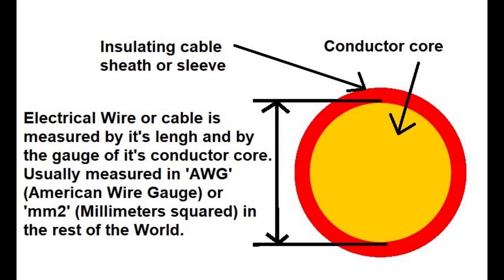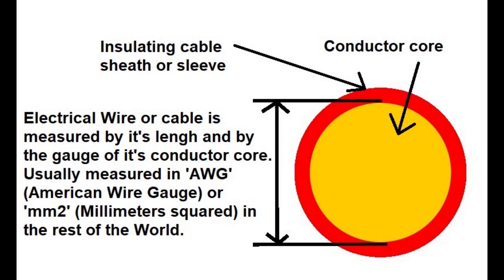Now, 10 millimeter squared does not actually equate to 10 millimeter in diameter. It would actually equate to 3.6 millimeters in diameter. But we're not going to get too much into the math of wire gauge specifics.